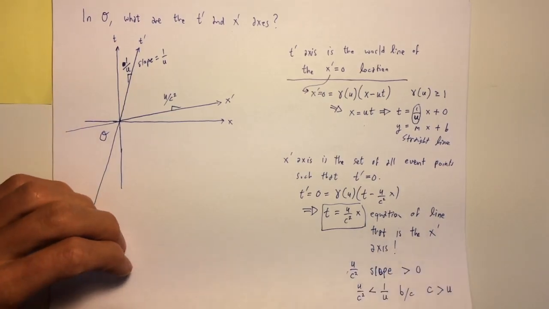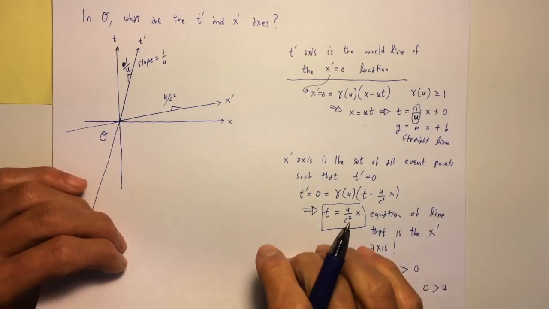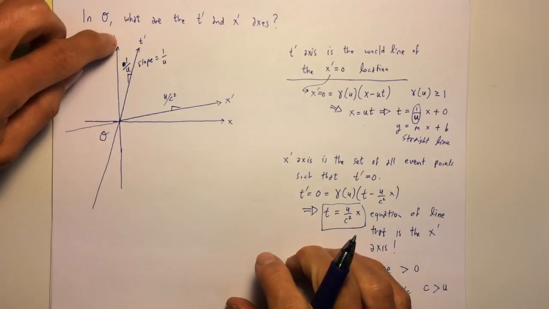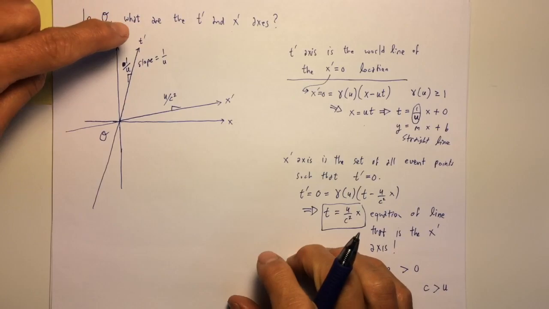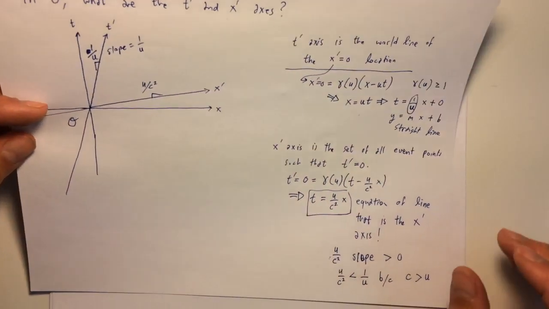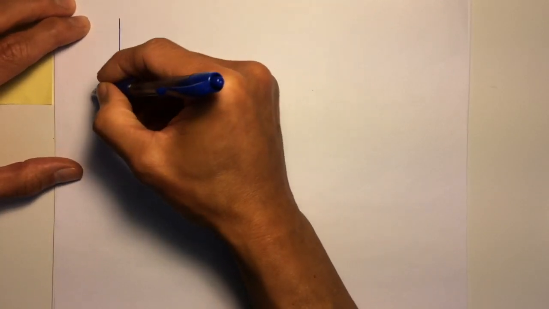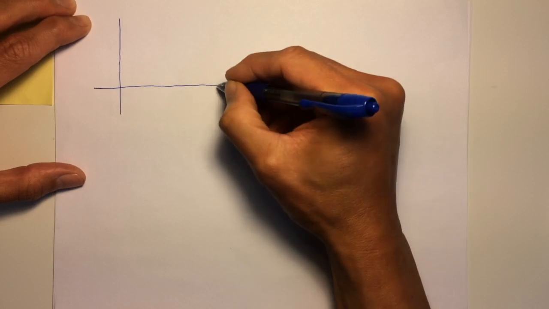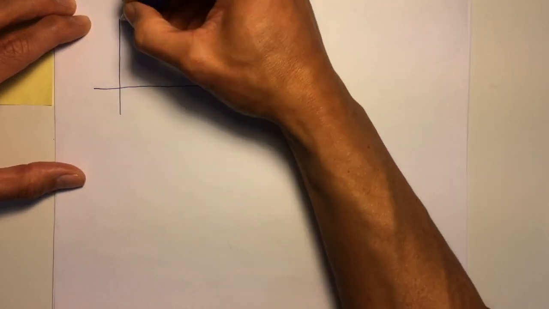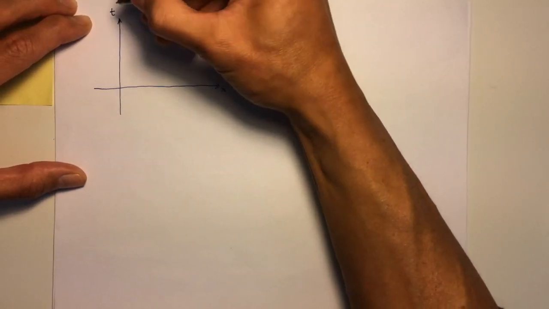Actually, what I should show you is how t and t prime. Let me show you something really quick. So this is the x-axis and the t-axis.